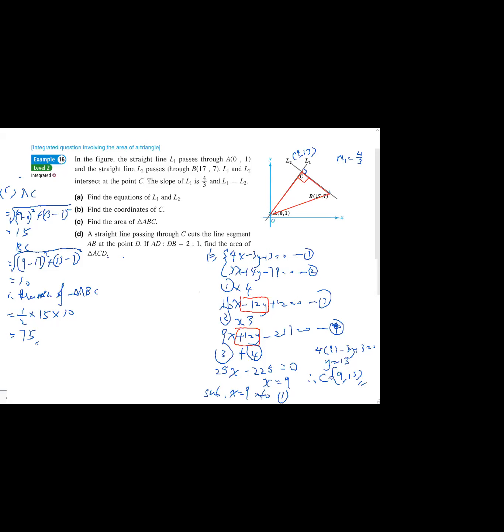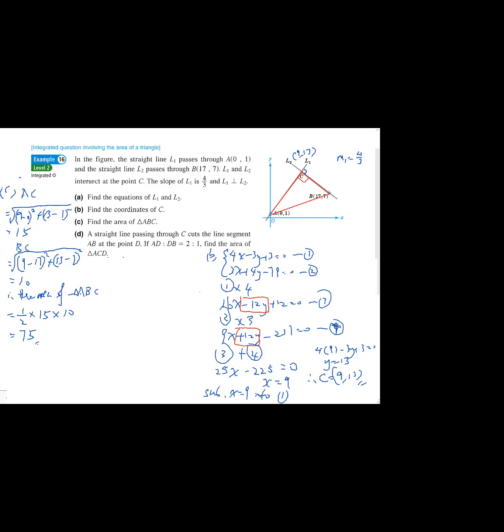Okay, so what is new in part D is that there is a straight line passing through C, cuts the line segment AB at D, and the ratio of AD to DB is 2 to 1.